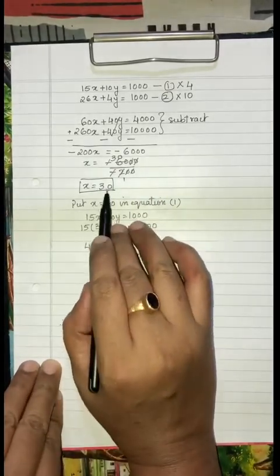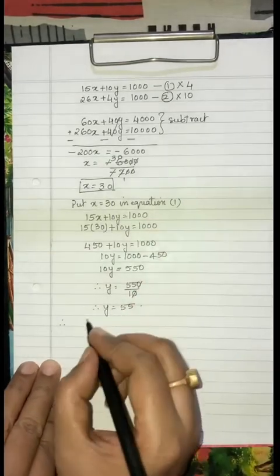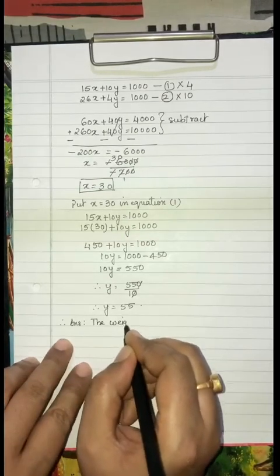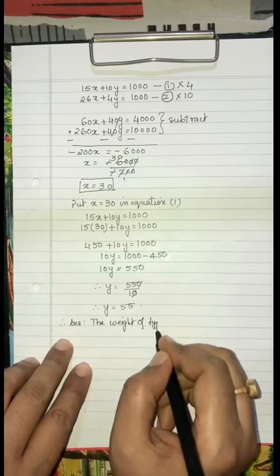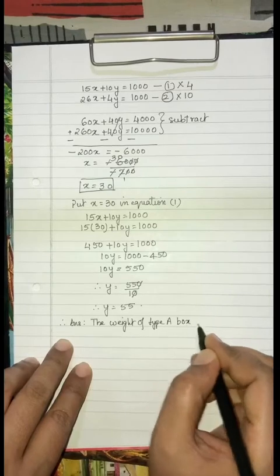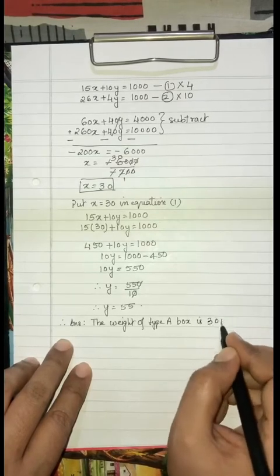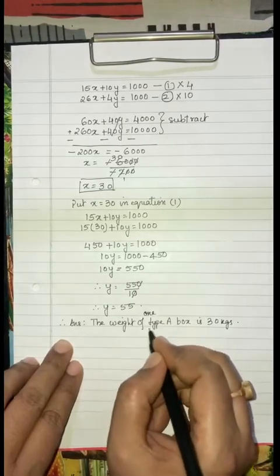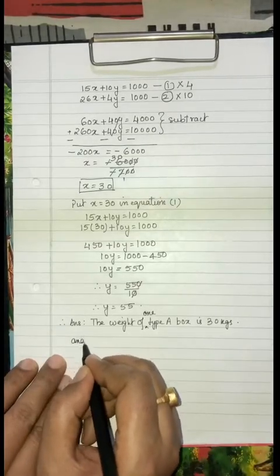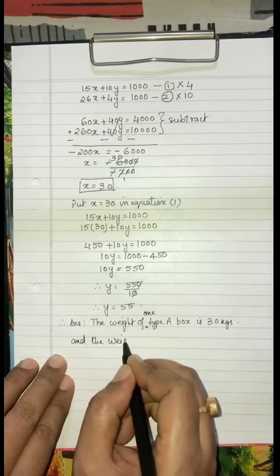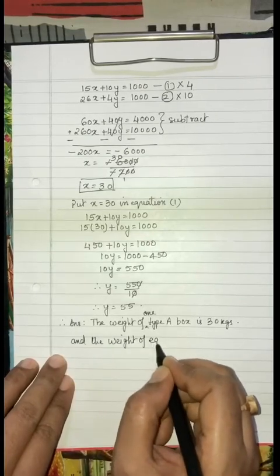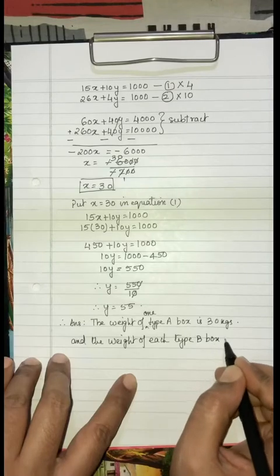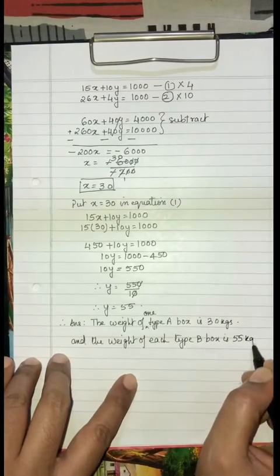The x we had taken as the weight of type A box, therefore answer you have to write it as the weight of one type A box is 30 kilograms, and the weight, or either you write one or each, that even each you can write, each type B box is 55 kilograms.